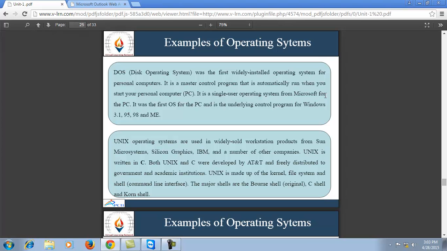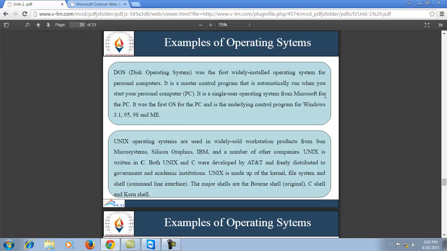Like older versions, we have the DOS operating system, and the Unix operating system is used in widely sold workstation products from Sun Microsystems, Silicon Graphics, IBM, and a number of other companies. Unix is written in C language.